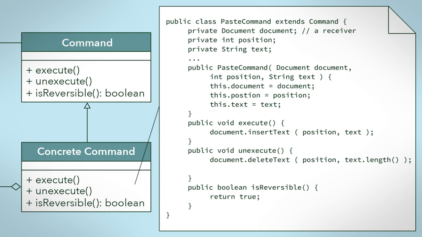In this case, the paste command is also a reversible command because you can delete the text you just pasted, so it will return true if isReversible is called, and it must keep track of where the text was pasted. When the execute and unexecute methods are called, this is where the command object actually calls on the receiver, which in this case is the document, to actually complete the work.